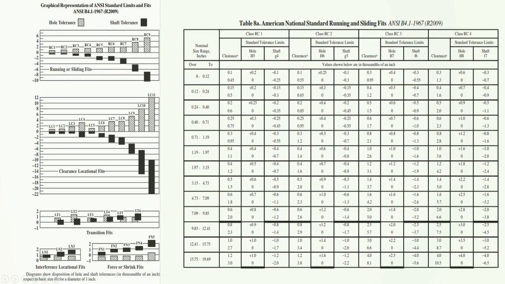I can see over here the hole upper size limit is 1.6 thousandths of an inch, and to get the value in mm, I divide this 1.6 by 1000 and then multiply with 25.4, which gives me 40 microns or 0.04 mm. I can go for the hole within this tolerance range.